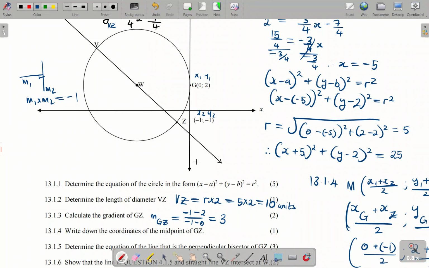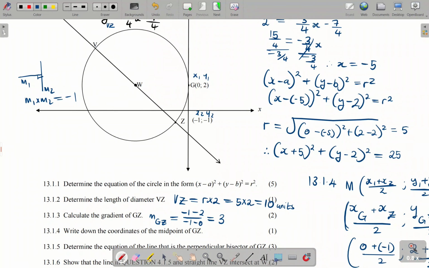First, we know the gradient of GZ. To find the gradient of the bisector, that's very simple. But first, let me check something. Remember, this is y2 minus y1, which is negative 2, and then x2 minus, okay, makes sense.